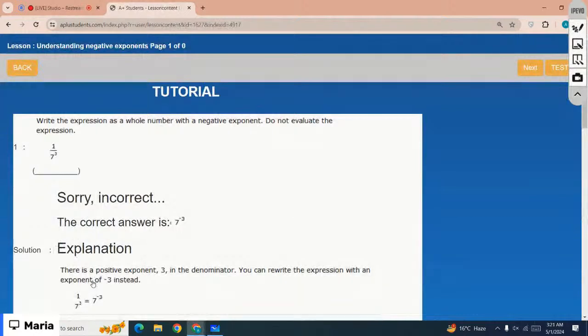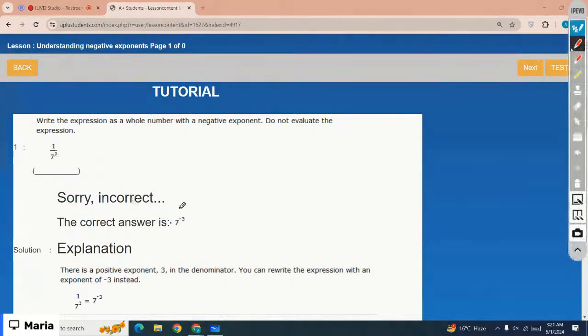Okay, write the expression as a whole number with a negative exponent. Do not evaluate the expression 1 divided by 7 exponent 3. You can make the exponent positive by writing it in the denominator. Here you are given the exponent in the denominator, so you can write it with a negative exponent in the numerator.